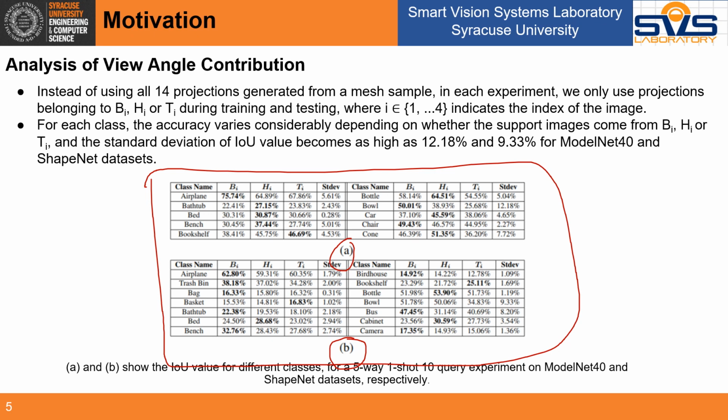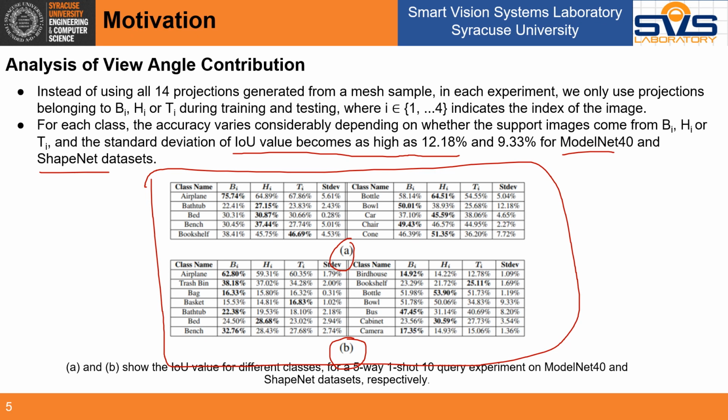It can be observed that for each class, the accuracy varies considerably depending on whether the support images come from the bottom, horizontal, or top view, and the standard deviation of the IoU value becomes as high as 12.18% and 9.33% for ModelNet40 and ShapeNet.